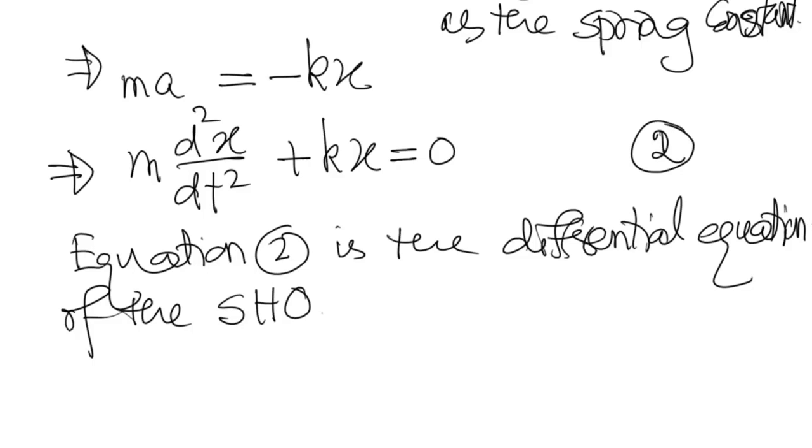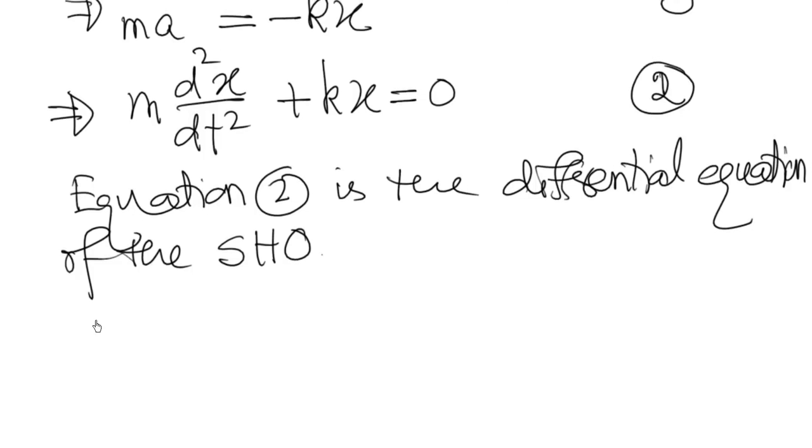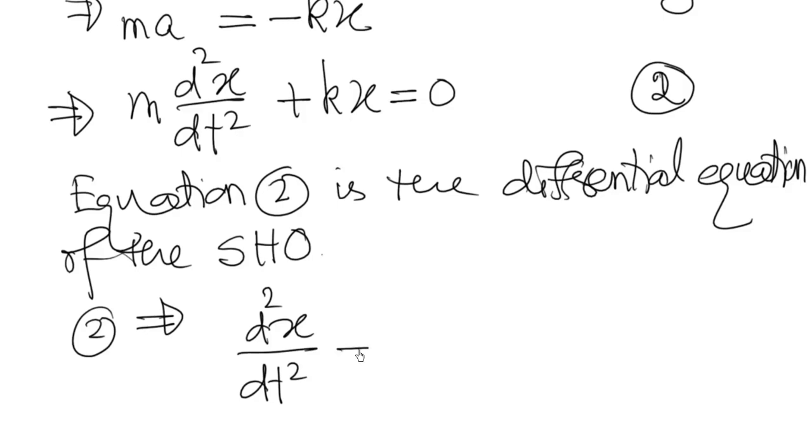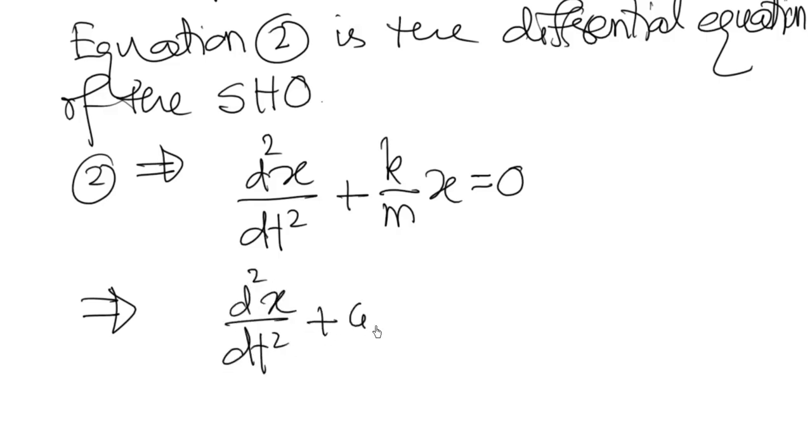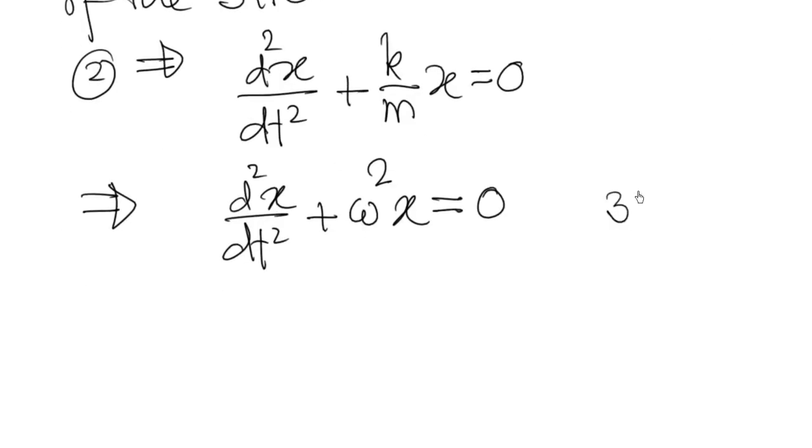If we divide both sides of equation 2 by m, then we'll have, now if we put k by m equal to omega square, this is equation number 3.